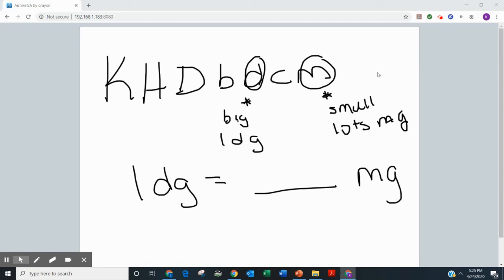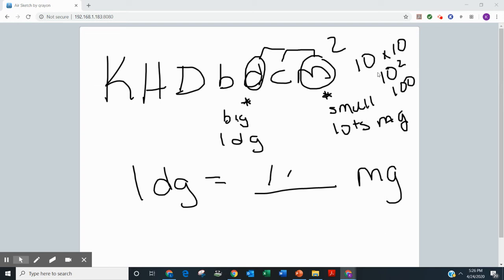And the easiest way to figure it out is to figure out how many times we would have to move over to go from the M to the D. So the M to the C is 1. The C to the D is 1. So that would be 2 times, which is 10 times 10, or 10 squared, which is 100.